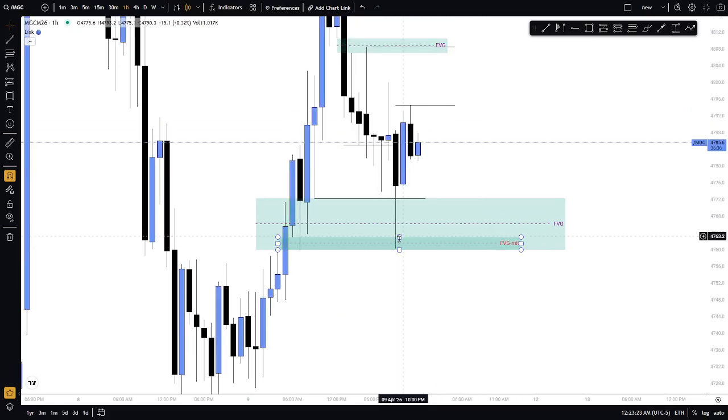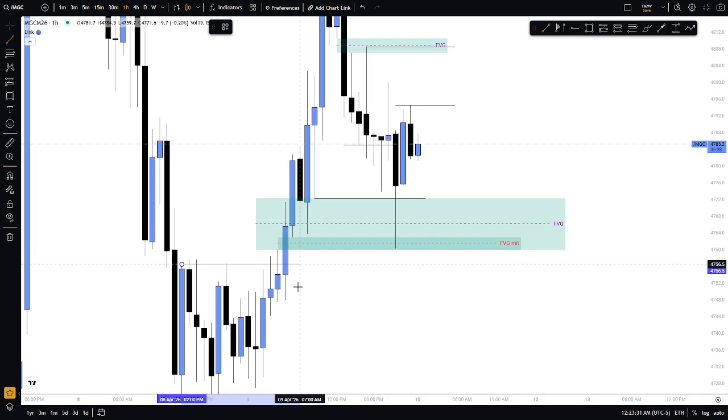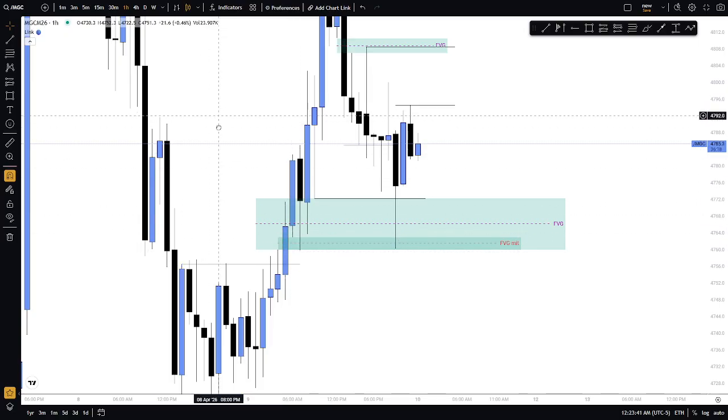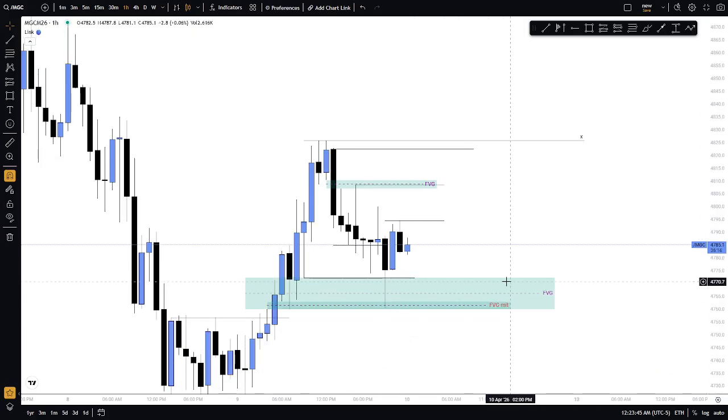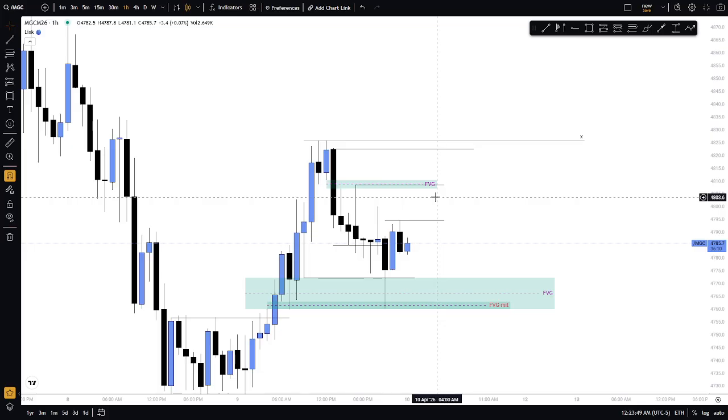So we know that this zone was previously mitigated where price broke above these highs right here, with an imbalance and with an inefficiency, and then price failed to trade above these highs again and continue trading up. So we've marked out the relevant PD arrays.